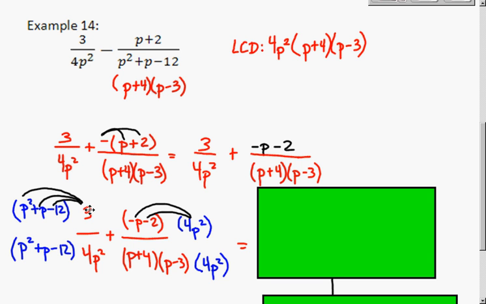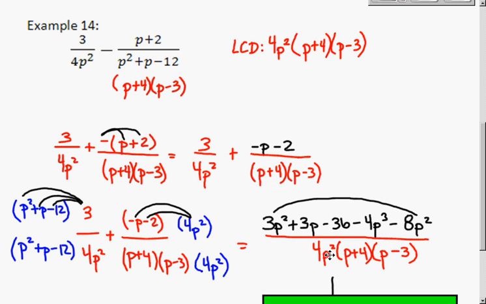So I took my numerator, 3, and distributed it into this p squared plus p minus 12 to get my least common denominator. And on this side, I need to multiply by the 4p squared. So I'm taking my 4p squared into my negative p minus 2. I get that common denominator, which is 4p squared all over p plus 4 p minus 3.